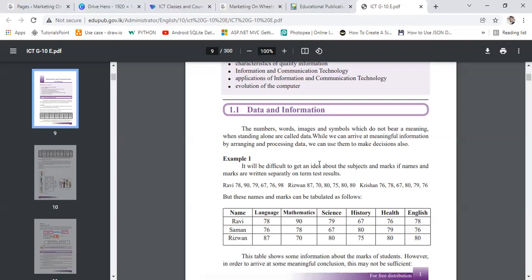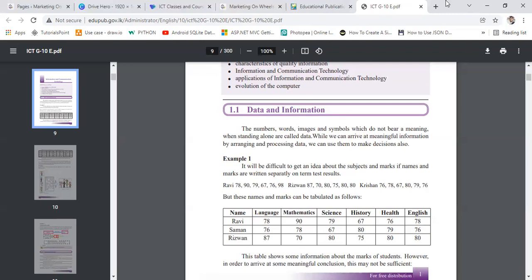You can't just say data is numbers, words, images, and symbols which have no meaning. You have to mention that, plus give some examples. For information also, you have to give that statement, what is information, plus examples.